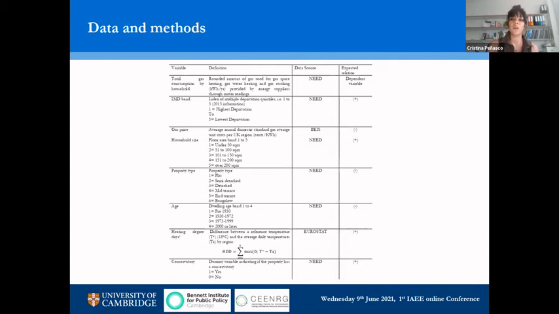We also account for the vulnerability of the households, which we approximate by using the index of multiple deprivation. We segment our sample to understand the role played by other renovations delivered alongside energy efficiency improvements, that we approximate with the variable conservatory, which is whether the household has a conservatory or not.